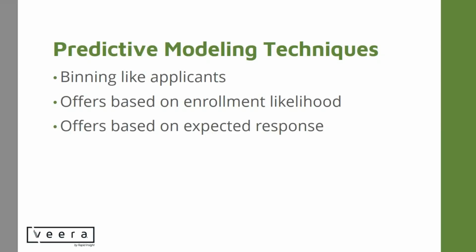Some other questions, actually a lot, so keep them coming. Could I use this to look at my net tuition revenue for the institution? So John, I'll turn that one to you. And yes, you certainly can. Looking at their probability of enrollment gives you an indication of some net tuition revenue.